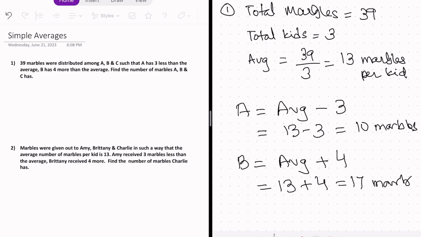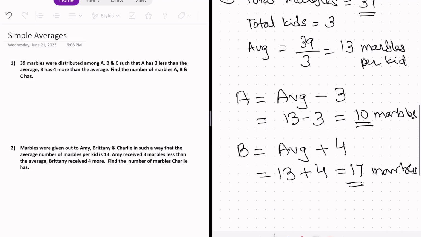Now it hasn't given anything to do with C, but we know the total number and we know how much A has and how much B has. So C must have the remaining number of marbles. So let's do the calculation. C will have total marbles minus whatever A has minus whatever B has.